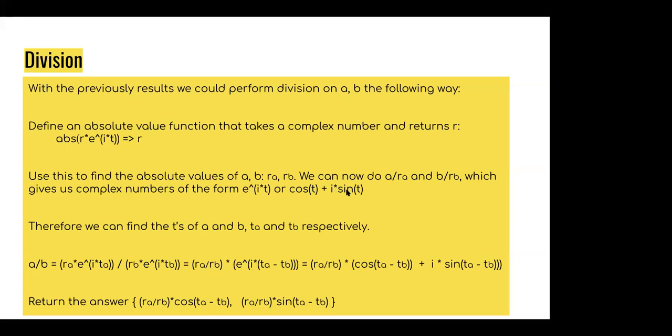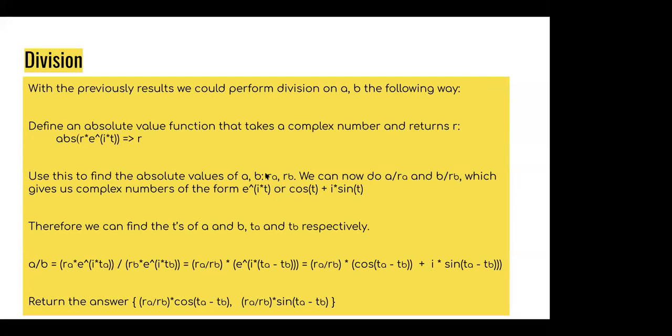So having computed R for each of the values, A and B, I should probably say it's a bit confusing here. In this case, I'm not using A and B to denote the different parts of a single complex number like A plus iB. I'm actually referring to two distinct complex numbers. I probably should have changed that to something less confusing like X and Y, but just for this context, know what's going on there.